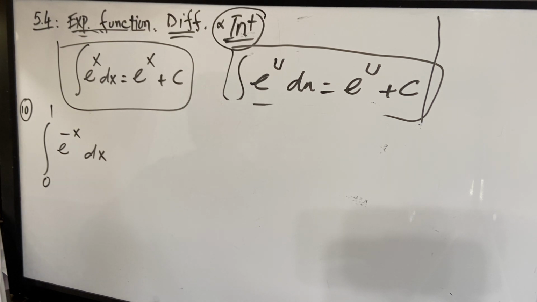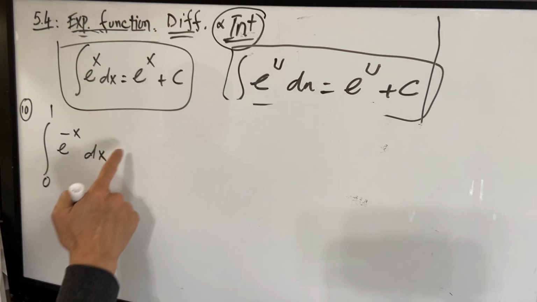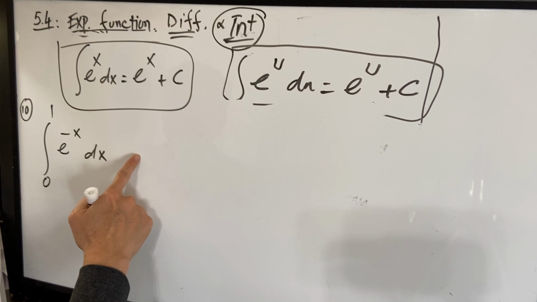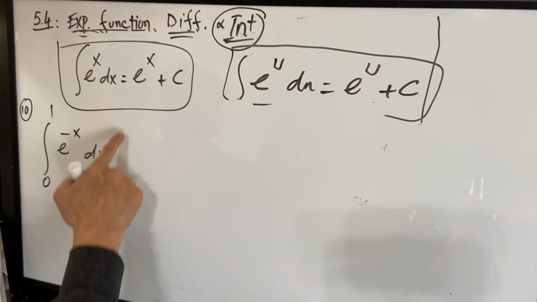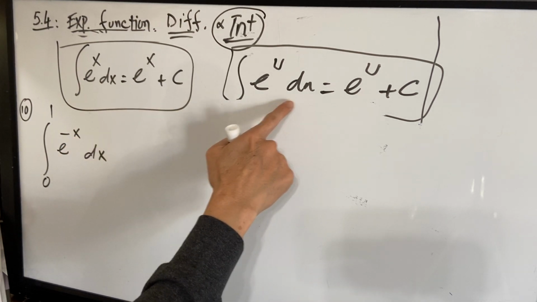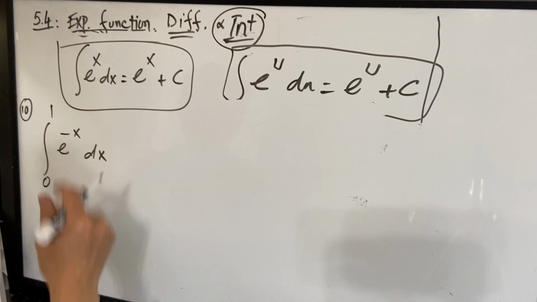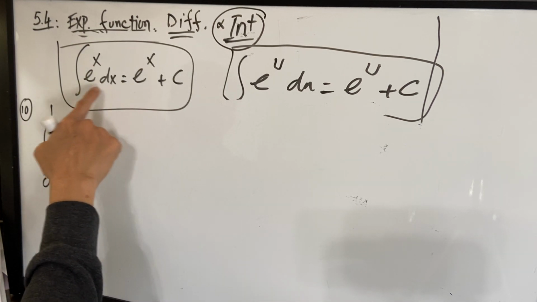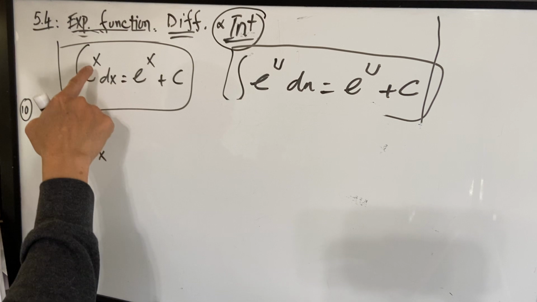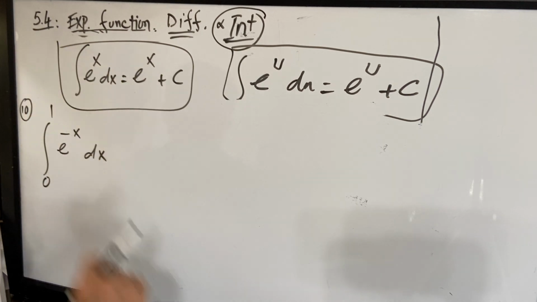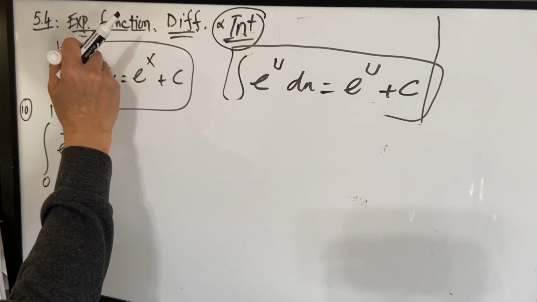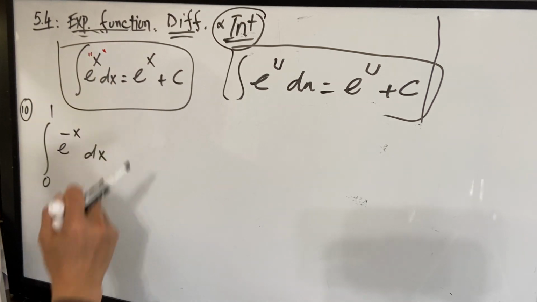Okay, here we go. Look, from this right here, you wonder, Mr. Deng, do I use this formula or do I use this formula right here? Notice, this one you can execute right away if this is exactly as it is. e to the x.